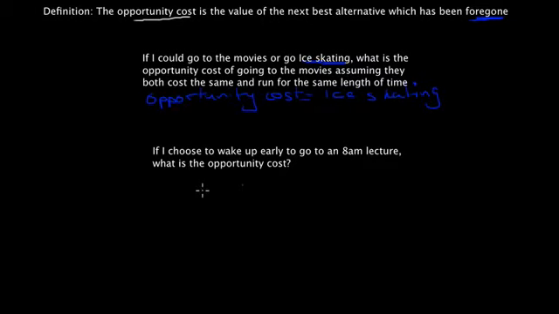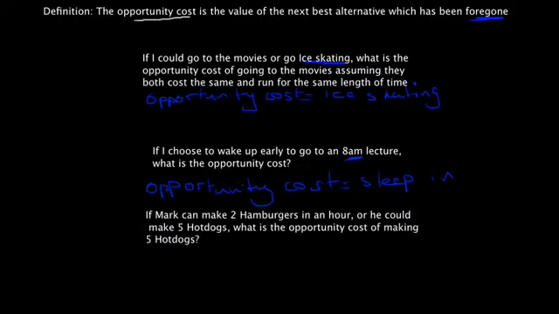So the opportunity cost is going to be my enjoyment from sleeping in. So that's what I'm foregoing in order to go to this lecture. So we're just going to say that equals my enjoyment from sleeping in, which I really like, so it's probably not worth it to go to this 8 a.m. lecture.